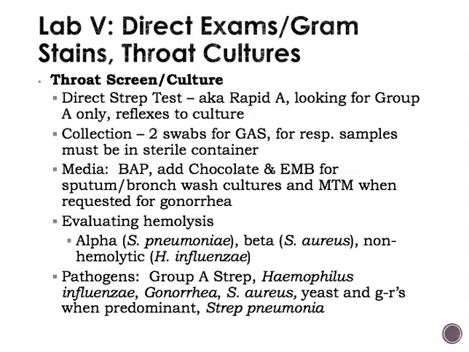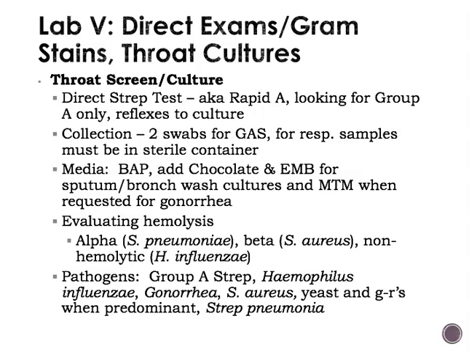Some of those pathogens, again: group A strep, Haemophilus influenzae, gonorrhea. You would only be looking for gonorrhea when it's requested in cases of sexual abuse and other infections in adults resulting from oral sex. Staph aureus, yeast, and gram-negative rods.